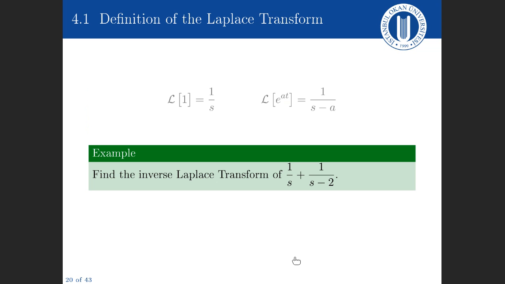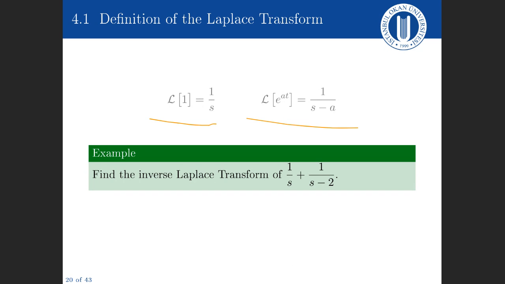Find the inverse Laplace transform of 1 over s plus 1 over s minus 2. Let me remind you of two formulae which we've done already. The Laplace transform of 1 is 1 over s, and the Laplace transform of e to the power at is 1 over s minus a.